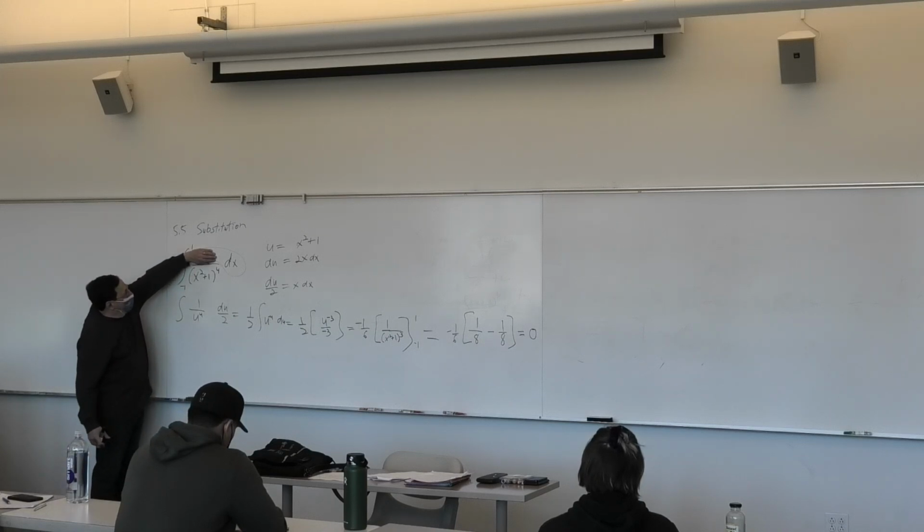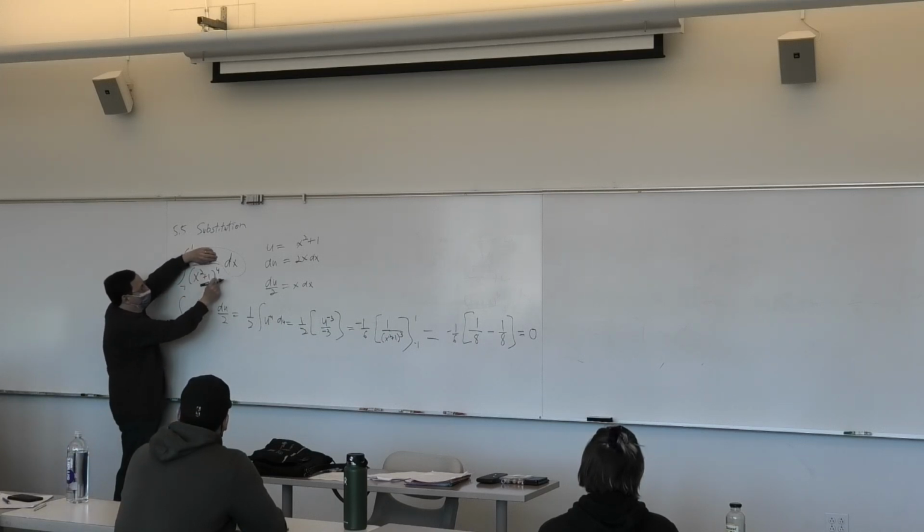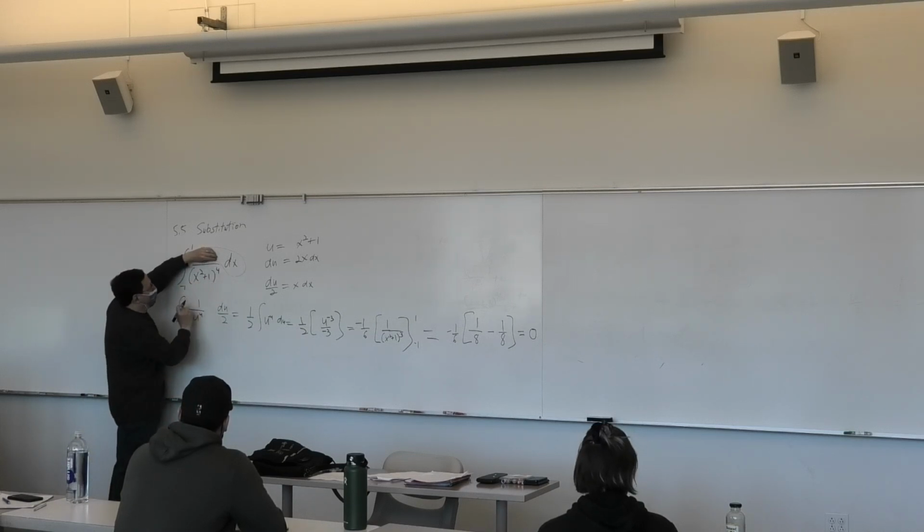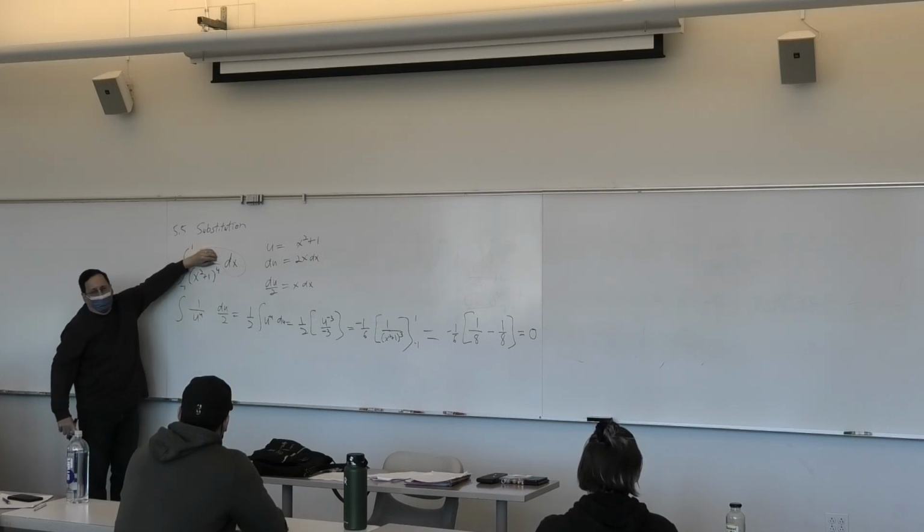So the denominator, we've got lots of 2's here, right? That ought to suggest something. When you're squaring things, or just squaring them into the fourth, you've got an even function here. I hope you all remember an even function.